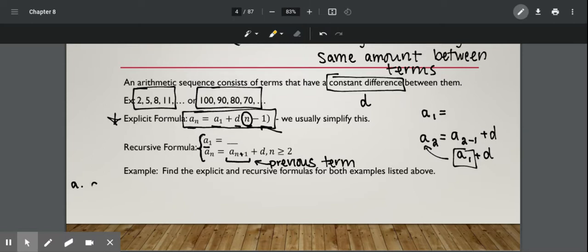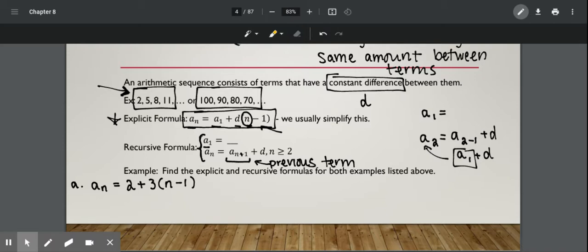So we would say A sub n equals, what's the first term of this sequence right here, that first sequence? 2. So we write 2 plus, and then you would think, what's the difference? What do you do to get the next term? We're going to add 3. So our difference is 3 times n minus 1. And then we simplify that.